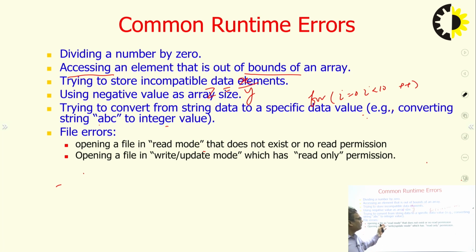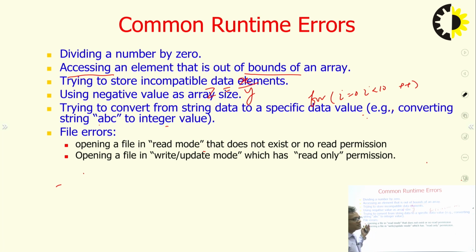So the file doesn't exist and you are trying to read it, or the file doesn't have read permission, still you want to read it. This is an exception, and it will give you the error at runtime. In the same way, when you try to write or update some information on a file, but the file doesn't have permission to write, that means it is in read only mode. So these kinds of errors occur during runtime.